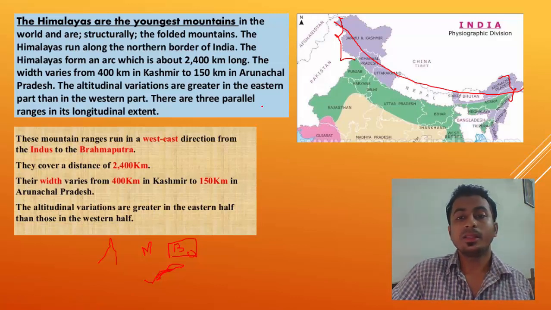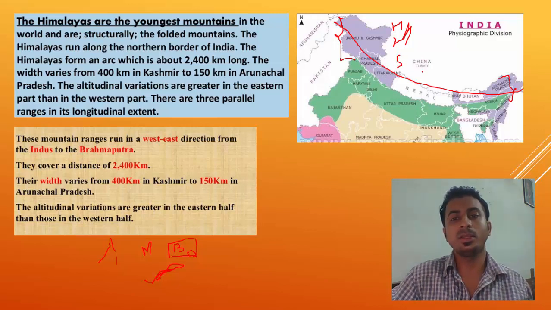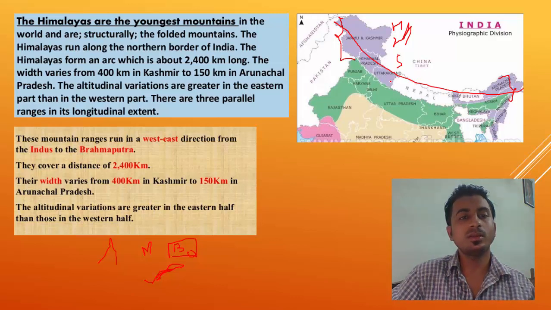In the Himalayas, three parallel ranges are there, known as Himadri, which is the highest, Himachal, which is in the middle, and Shivalik, which is the least tall of the three parallel ranges.